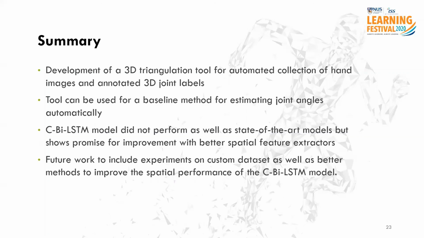Although the convolutional bi-LSTM model didn't perform as well, it shows promise for further development with better spatial feature extractors. In short, future work will include experiments on the custom dataset collected, as well as better methods to improve the spatial performance of the model.